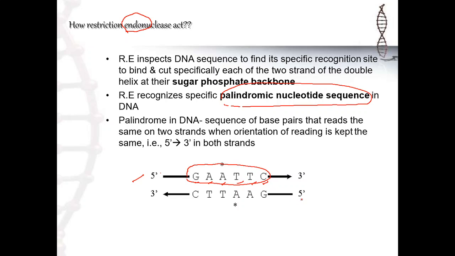And on the other side, pag i-read natin dito, the same din siya: guanine, adenine, thymine, cytosine. Because, again, sa DNA, ang guanine is always paired with cytosine. Ang adenine is always paired with thymine.